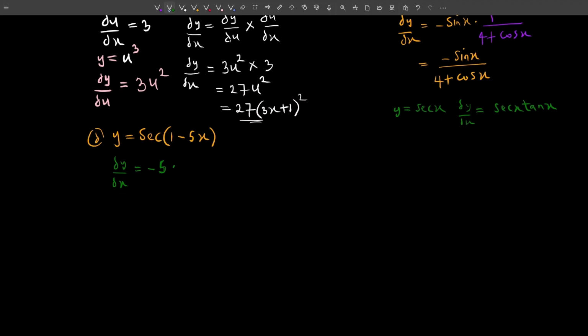If I imagine that everything here is x, differentiating sec x gives sec x tan x. So differentiating sec of everything here will give me sec of 1 minus 5x and tan of 1 minus 5x. So our answer here is minus 5 sec of 1 minus 5x tan of 1 minus 5x.